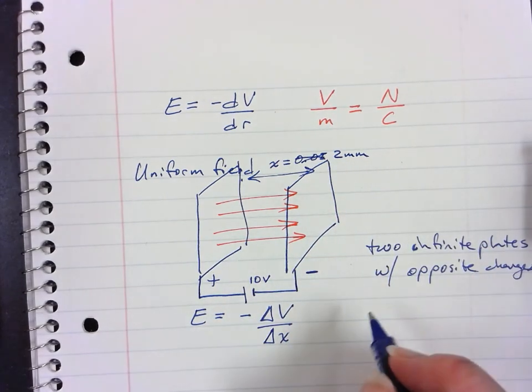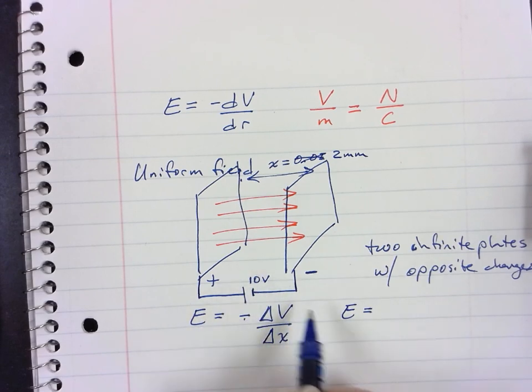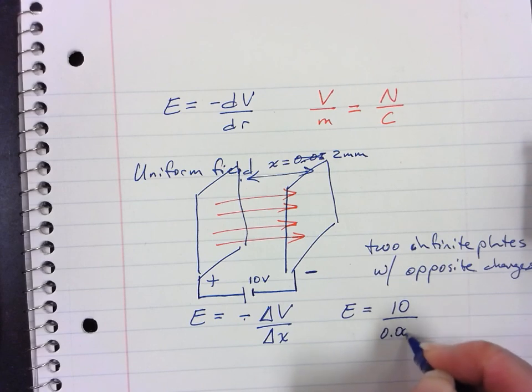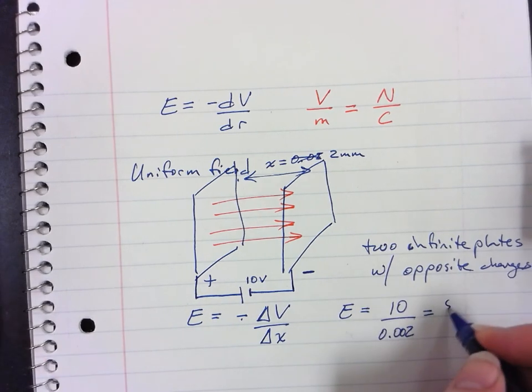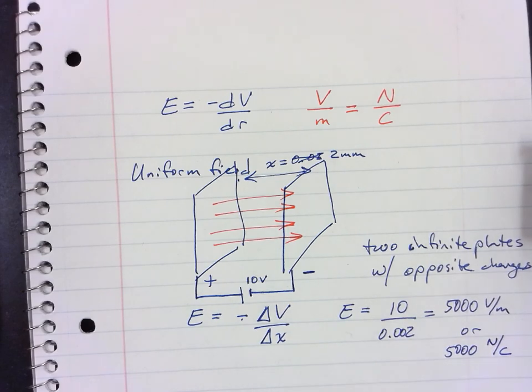So the electric field would have a strength of, I can drop the negative sign because that just tells you the opposite direction, 10 divided by 0.002, 5,000 volts per meter, or 5,000 newtons per coulomb. So that's how you make electric fields in the real world.